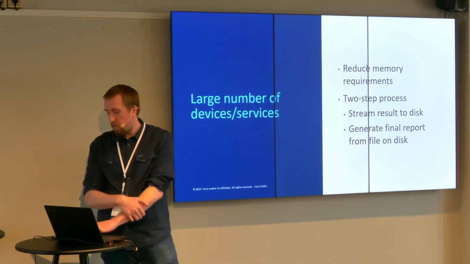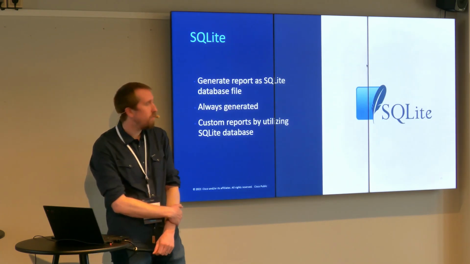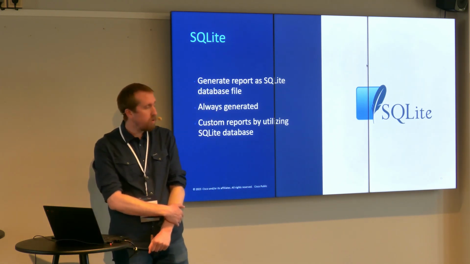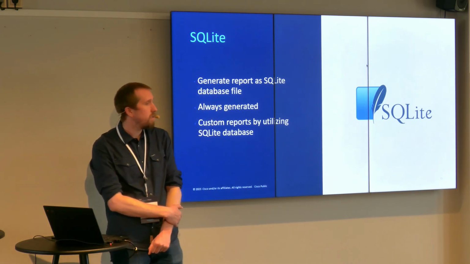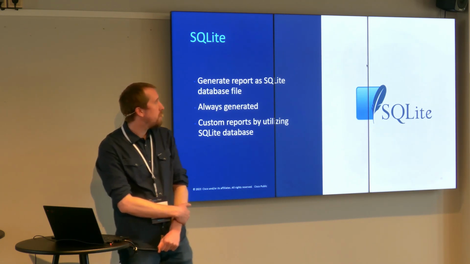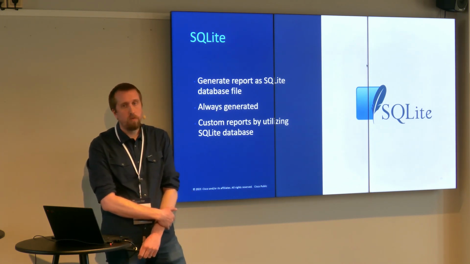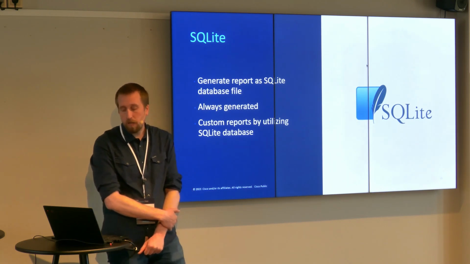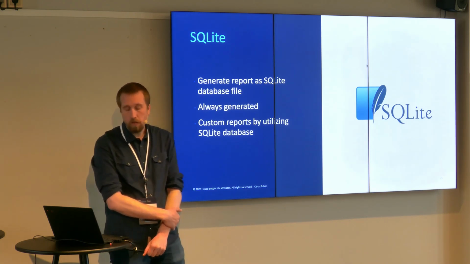And while doing this, we changed the intermediate format for the report. Now we are not generating an XML file. On disk, we are actually generating an SQLite file. When we are running the checks, we are streaming them down to an SQLite file on disk.